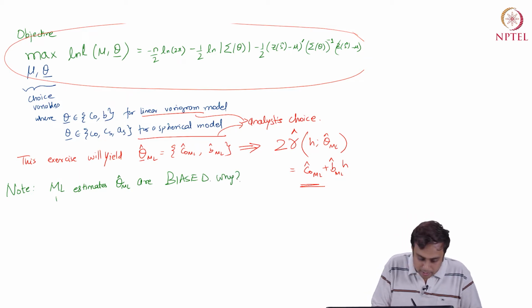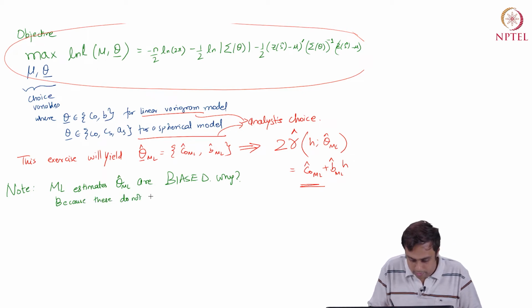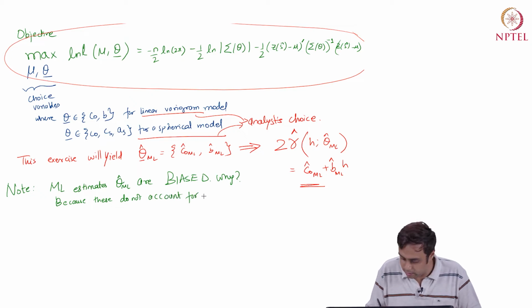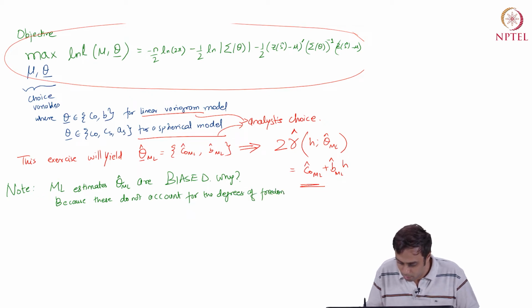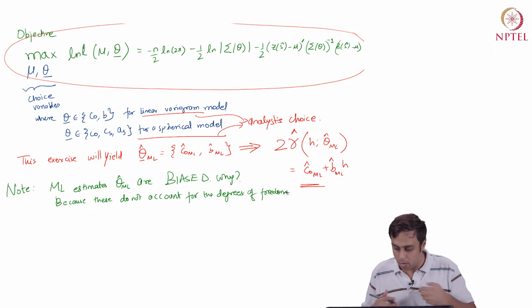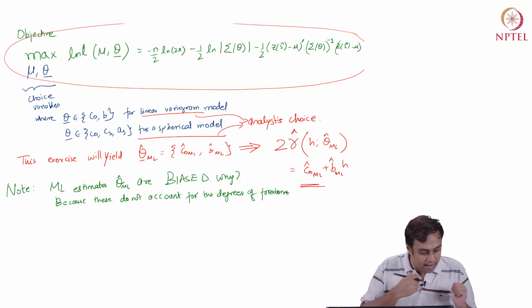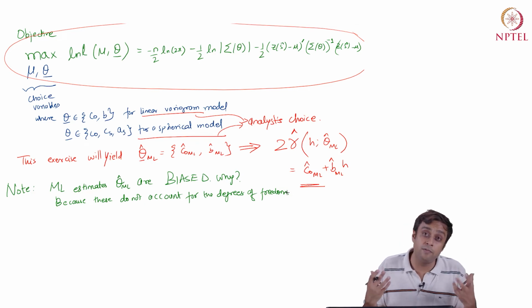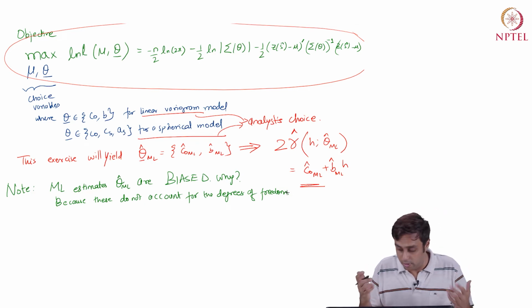They are biased because they do not account for the degrees of freedom. And what does it mean for us to say that they do not account for degrees of freedom?